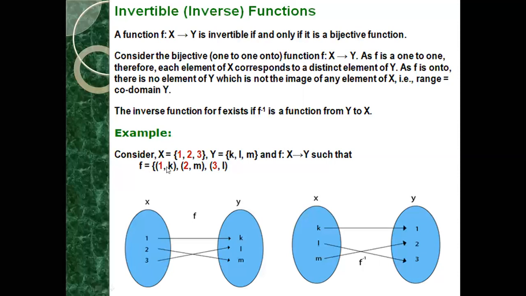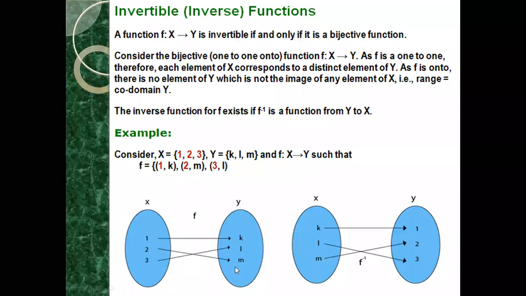So let us consider an example. x has elements 1, 2, 3 and y has elements k, l, m, and f maps x to y such that the given mapping is represented like this. x is the domain and y is the codomain. So 1 maps to k, 2 maps to m, 3 maps to l.